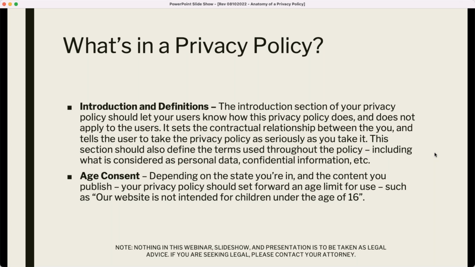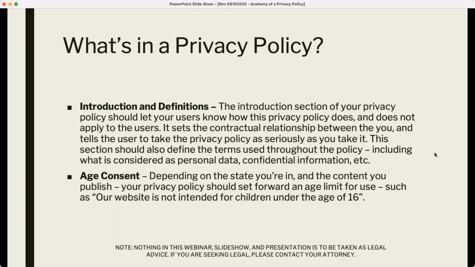So generally, the first section is an introduction and definition. This introduction section of your privacy policy should let your users know what this privacy policy does and how it does not apply to users. It's going to set up a contractual relationship between you and the users, and it will tell the users to take the privacy policy as seriously as you take it.